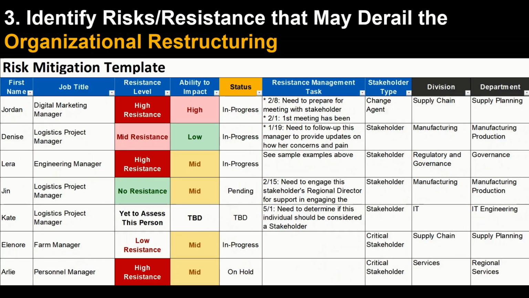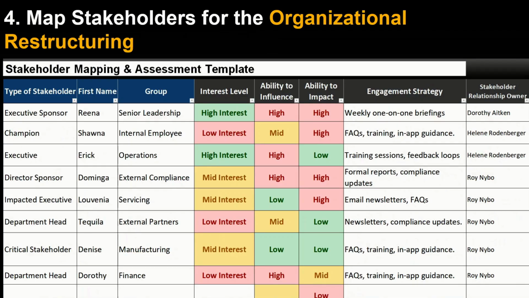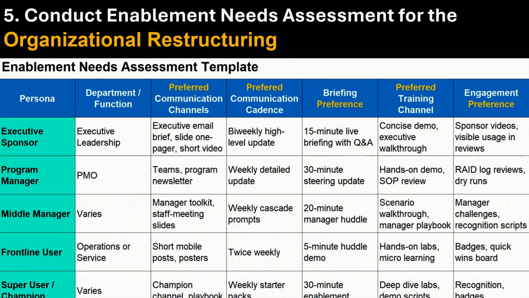This is what you will be using to mitigate resistance to your corporate restructuring. Fourth, you will also want to map your stakeholders and champions for the company reorg. Stakeholder mapping for organizational restructuring ensures that everyone impacted by the reorg is identified and engaged appropriately.